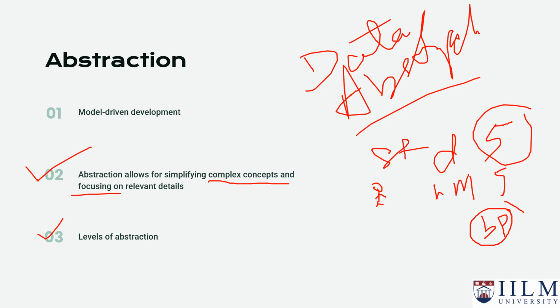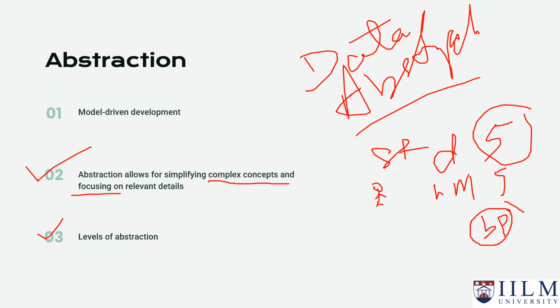Level of abstraction means at what level we can provide the data to the user, or how to describe a particular data so that it can be viewed by the programming language in a very easy manner, whereas originally it is complex.